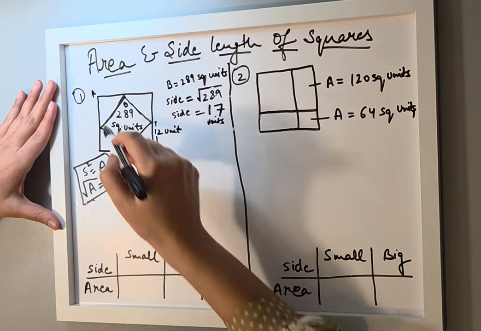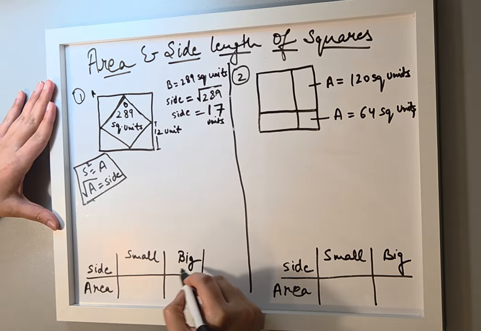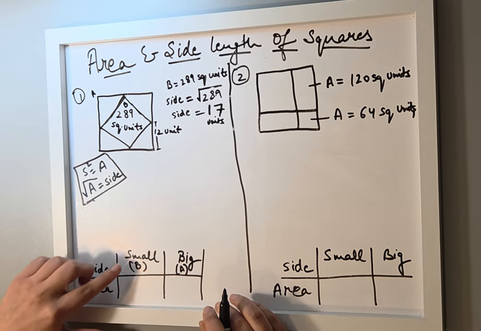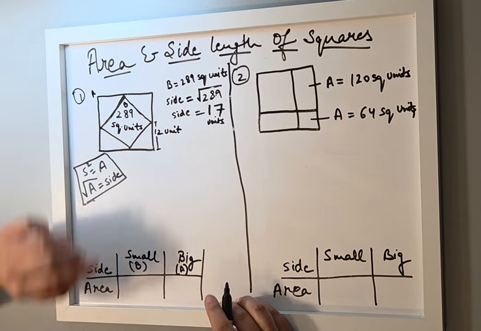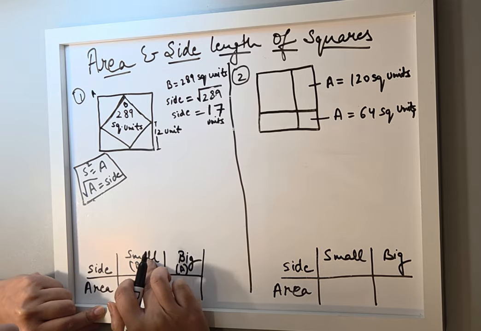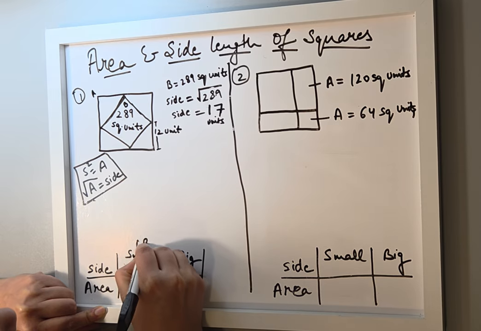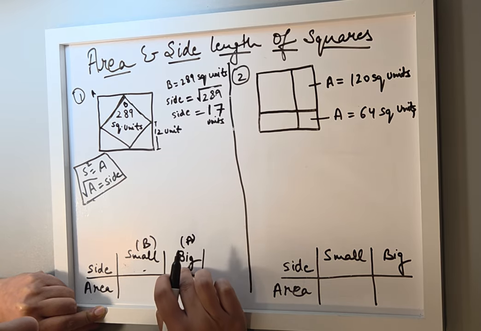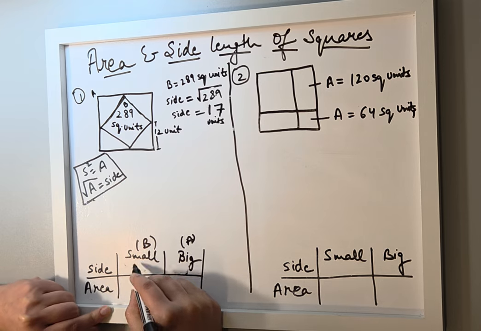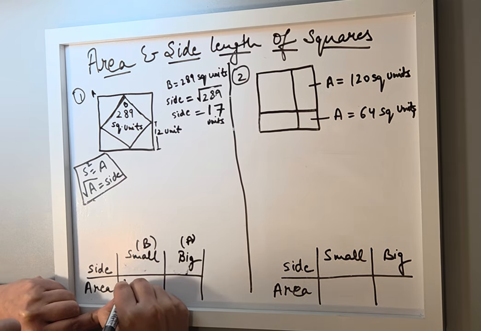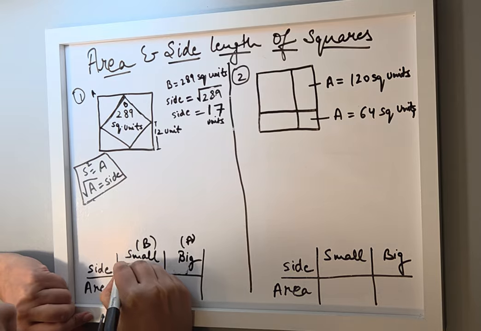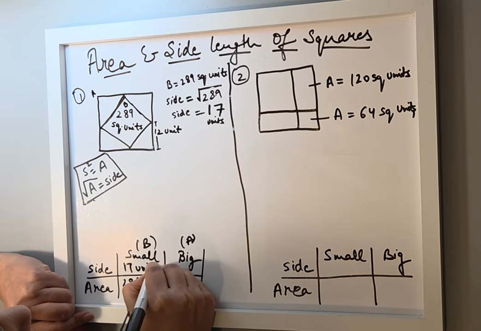So for the small square, we already knew the area as 289 square units, and now we have found the side as well, that is 17 units.